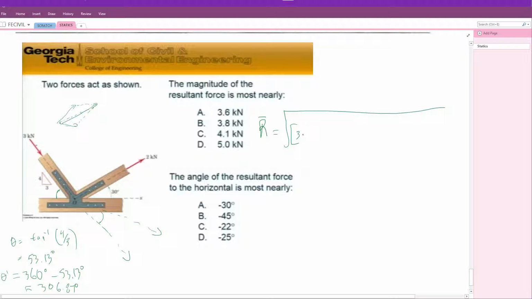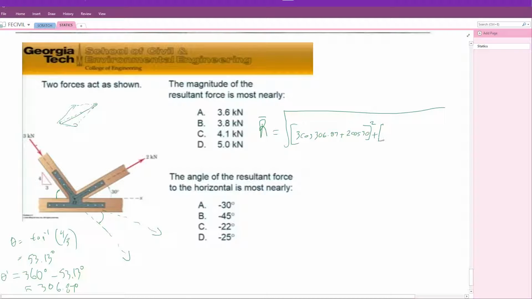Okay, so we have 3 cosine 306.87 plus 2 cosine of 30 degrees. I'm going to close and square it. I'm going to add the y component.